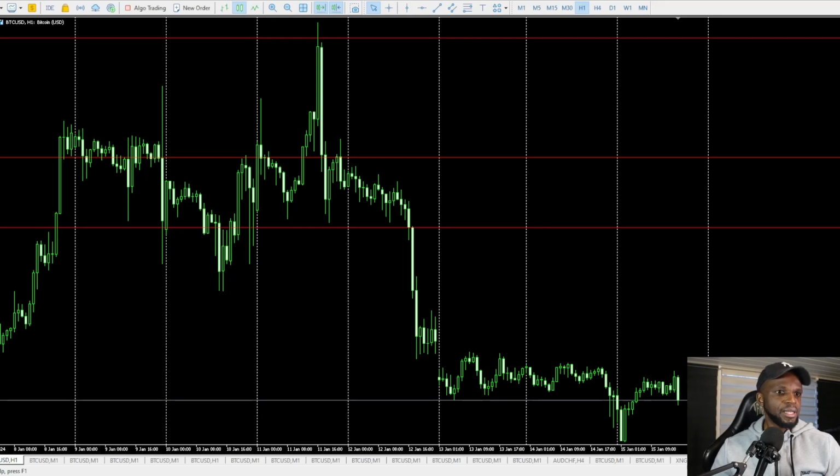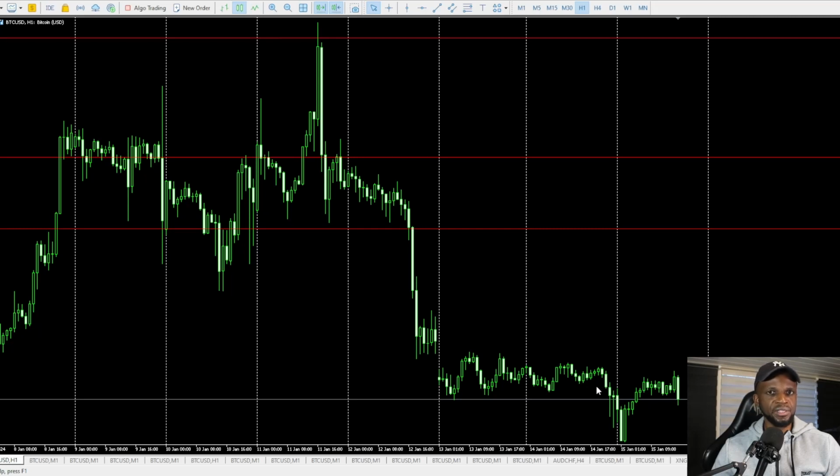If we take a look at this, let's remove this second trade. This first trade would be the trade that you would normally take if you were not stacking. However, when you go to enter a second trade at this point, you're hoping that it will go down and make you profit on both trades.